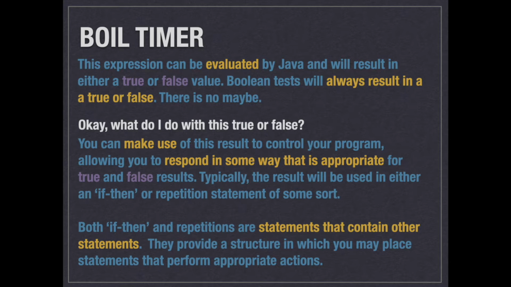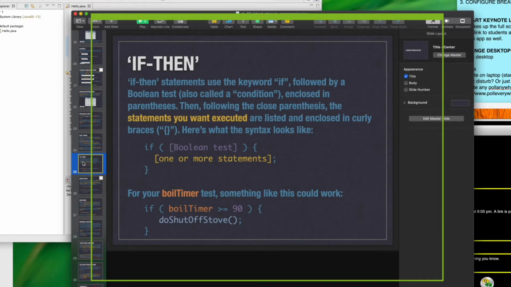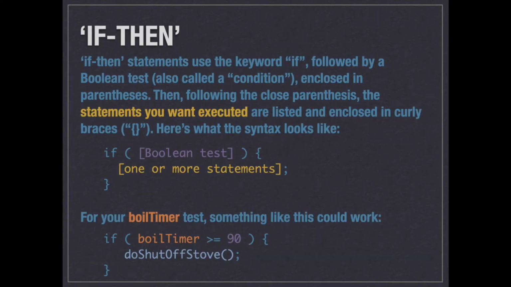So we do it two ways. One with something like an if-then statement, which is common to all programming languages. The syntax is a little different maybe in Java. The syntax requires the keyword if, lowercase i, it can't be uppercase. You have to have parentheses, so after the if, there's an open parenthesis, and at the end there's a closed parenthesis.